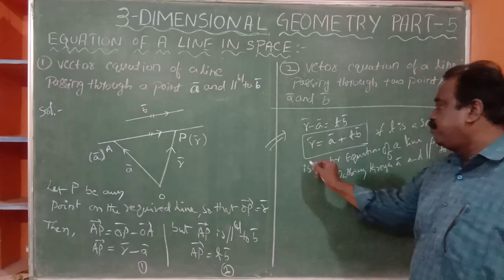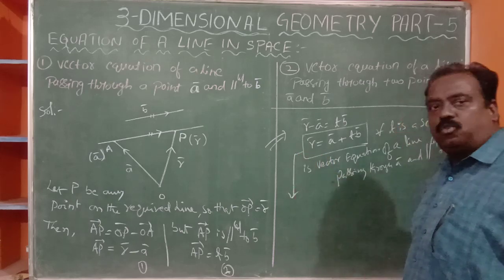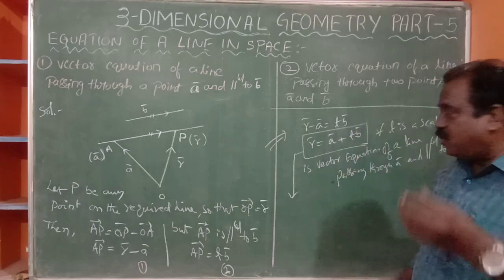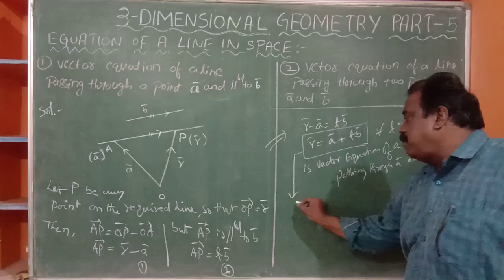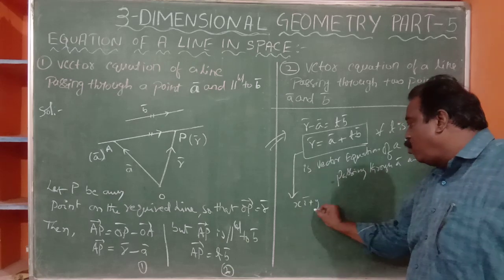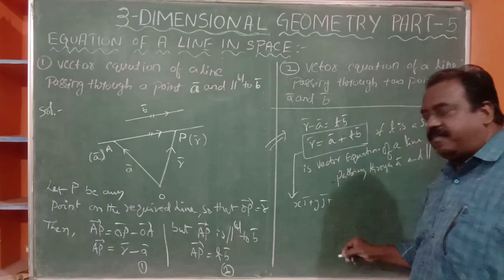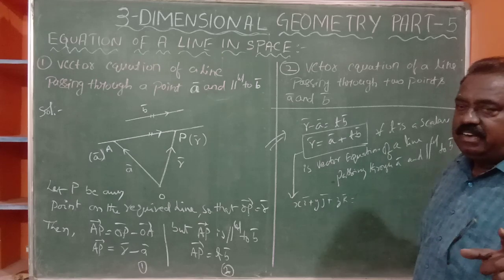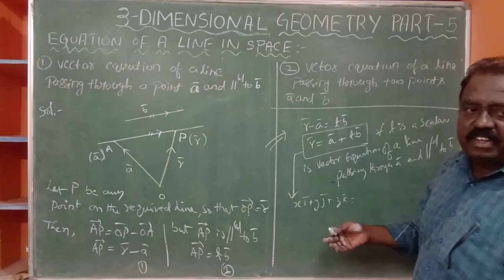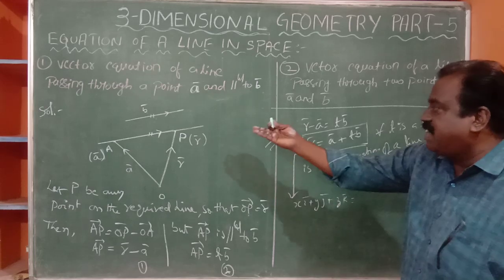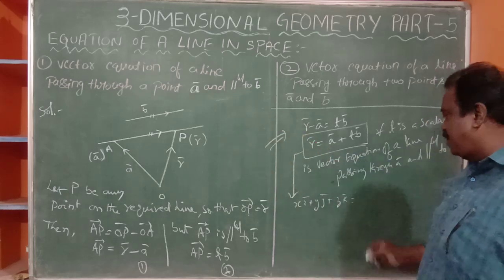You see, from this one, R bar is a vector. In components we will write. R bar is xi plus yj plus zk. Will you agree? R bar is a general vector, that is x, y, z, the coordinates.